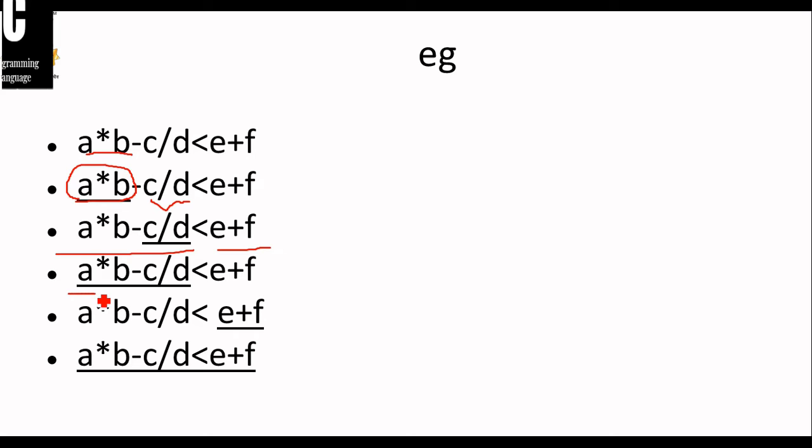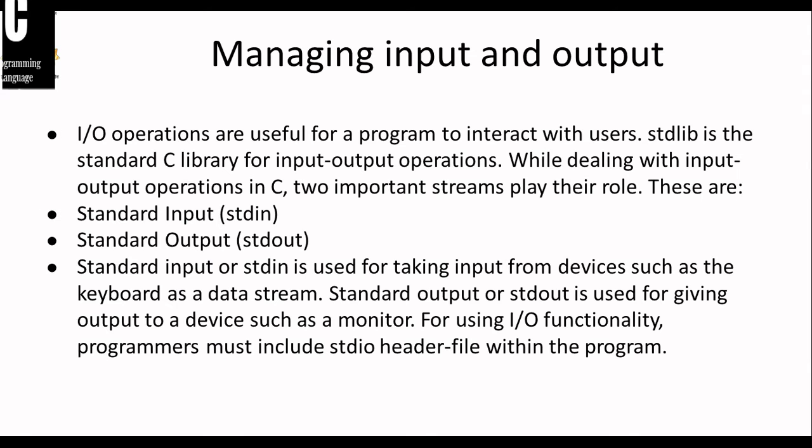After this, subtract: A * B - C / D. Then calculate the right-hand part, that is E + F. After calculating E + F, apply the less than sign on the whole expression. In this way you can use operator precedence to solve this expression.